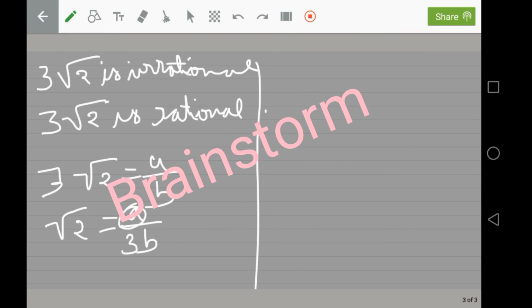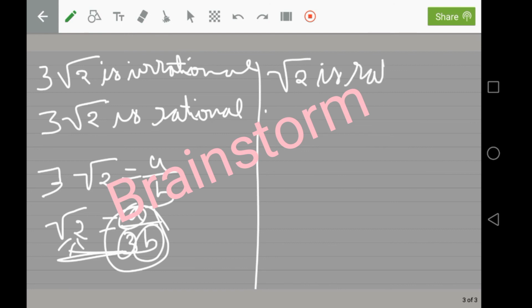Since a, 3 and b are integers, they are rational numbers. Since this is equal, root 2 has to be rational.